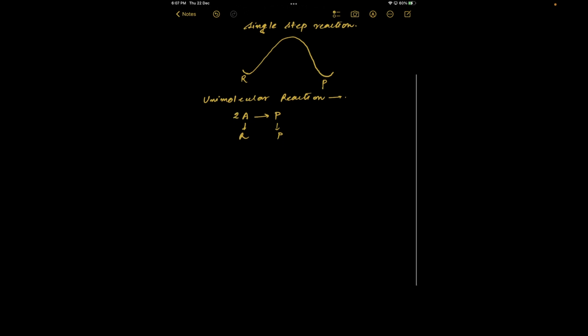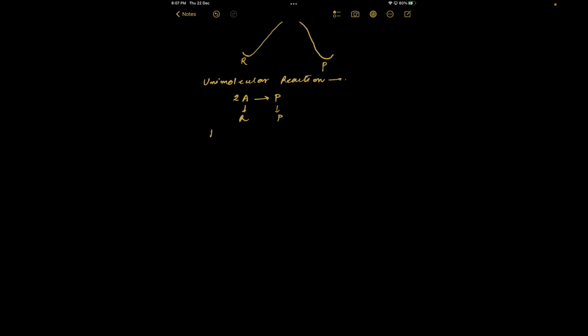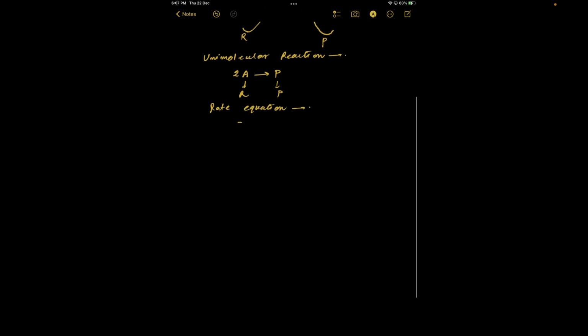Now if you write down the rate equation here, that will be the rate of disappearance of A, d[A]/dt, with a minus sign because it is disappearing.